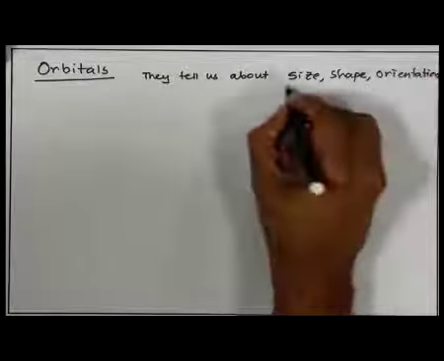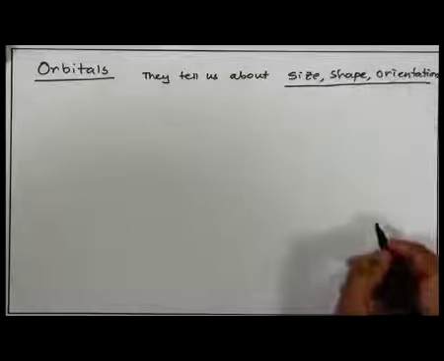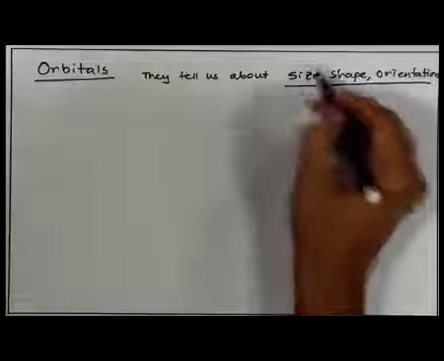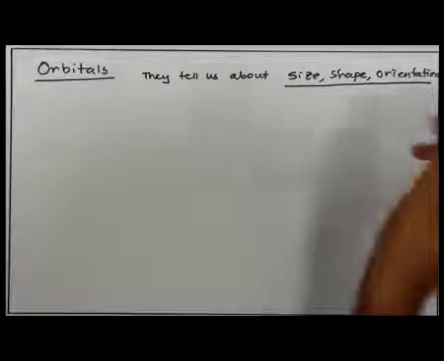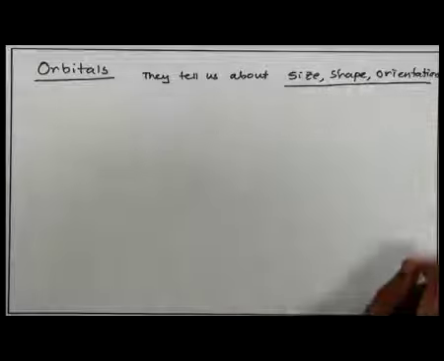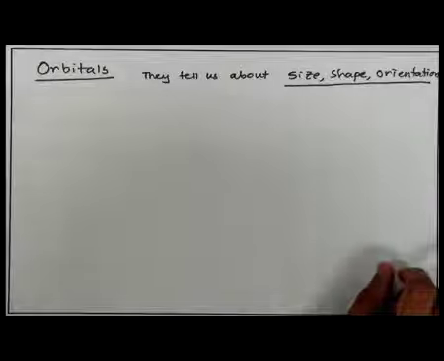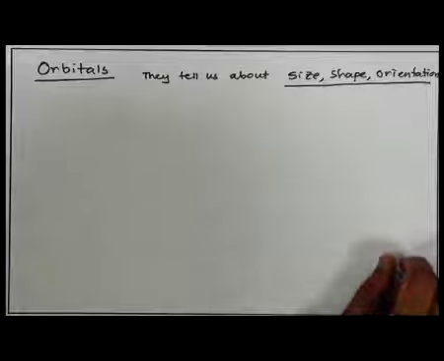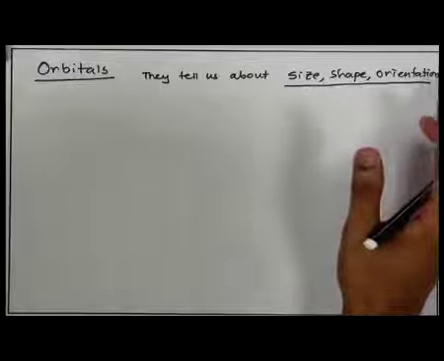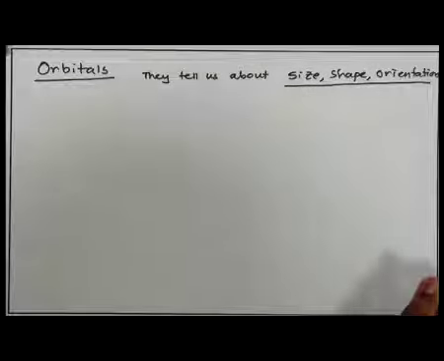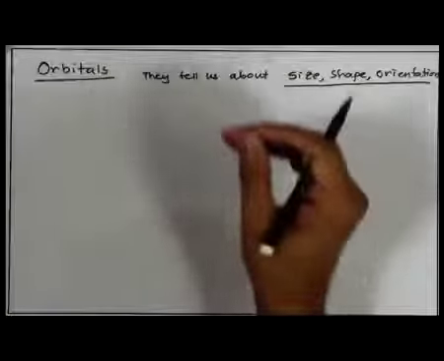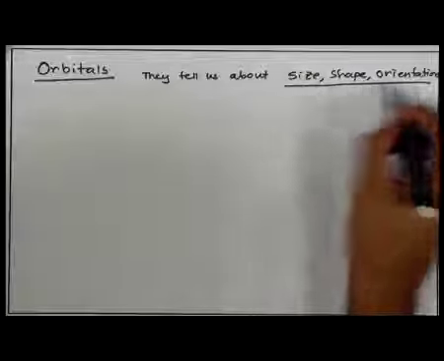As I said, an orbital is the address of the electron. The orbitals tell us what the electron's house is like, what its shape is, what its orientation is. We will see in which kind of place the electron lives. Since there are so many orbitals coming out from the solution of the Schrodinger equation, we must be able to identify an orbital uniquely from its size, shape and orientation.